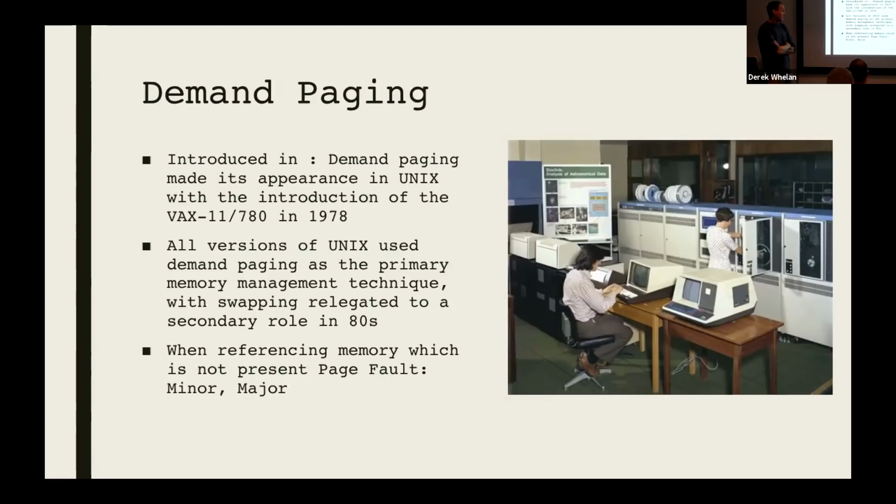After the 80s, all UNIX started using demand paging instead of swapping techniques. So it shows you that till the 80s, people still were swapping whole processes because it was easier. And after that, once the hardware became a little bit better and more modern, providing more features, we were able to introduce more complex solutions.